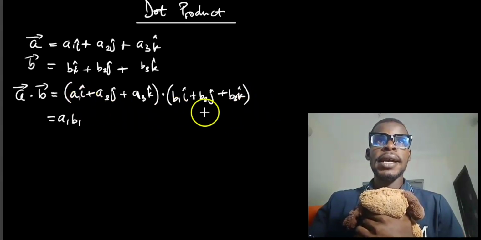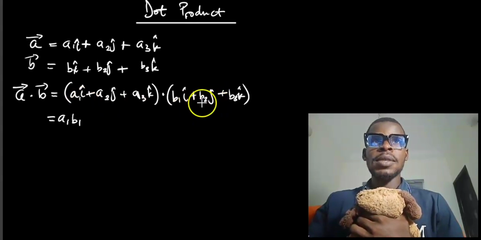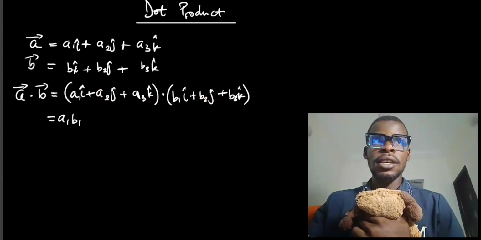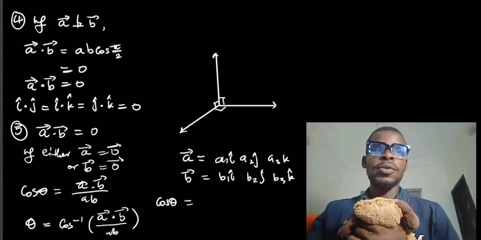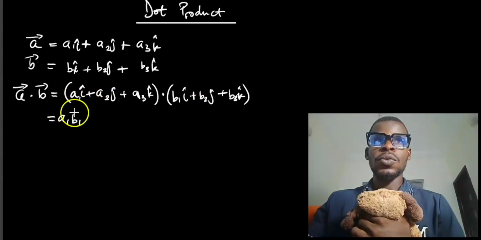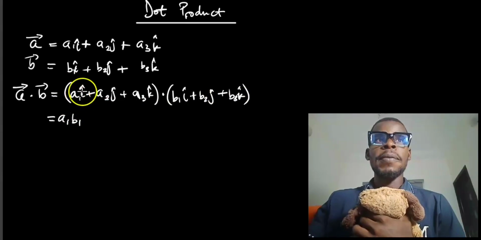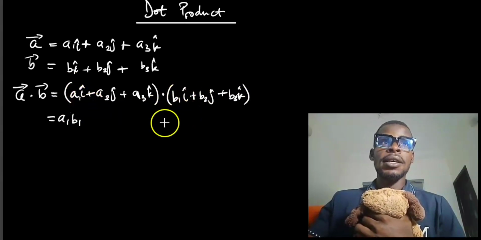With a1i dot b2j, a1 times b2 is a1 b2. But what happens with i dot j? You could recall in this property that i dot j will give us 0, which simply means that we won't add this one. Similarly, i dot k will be 0, so for the component a1i, I will only have to multiply with b1i.